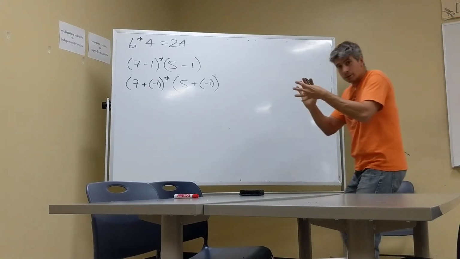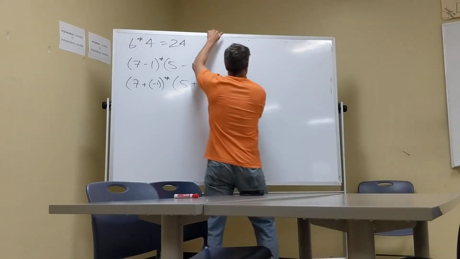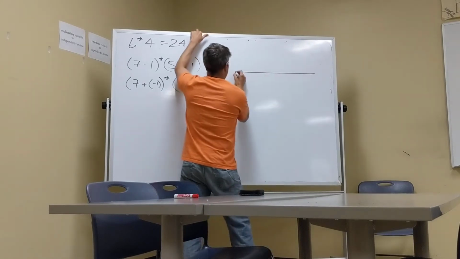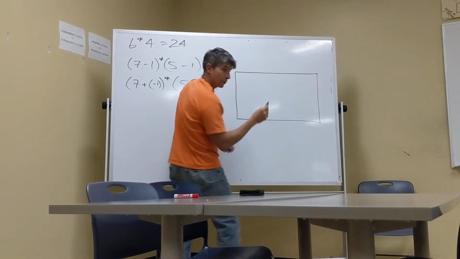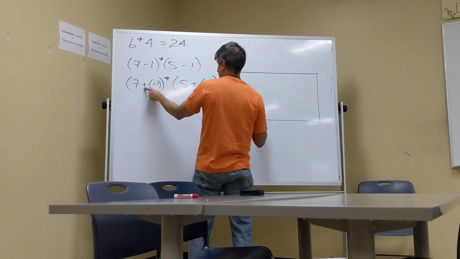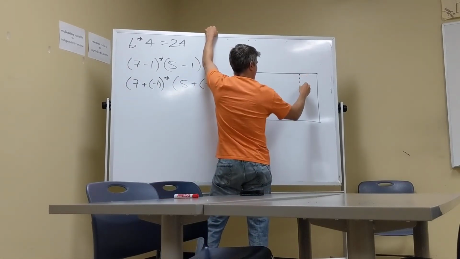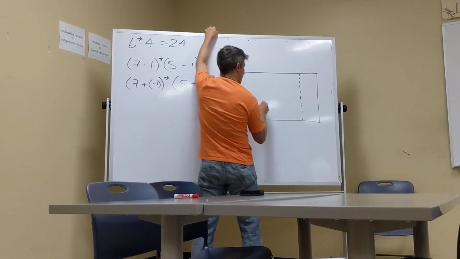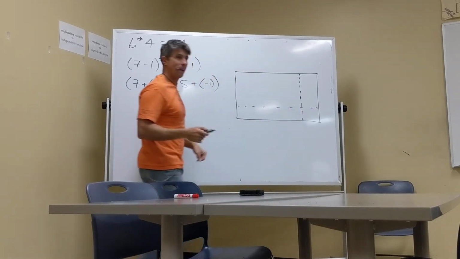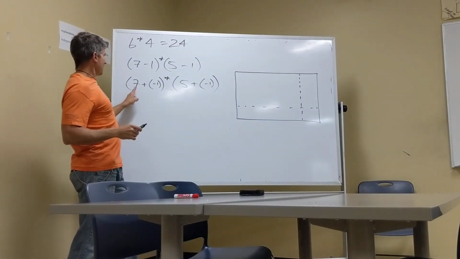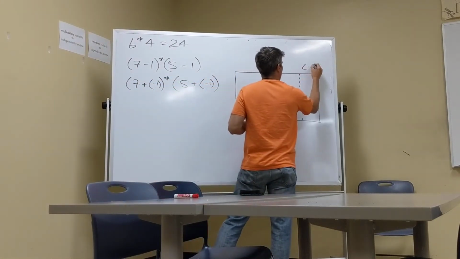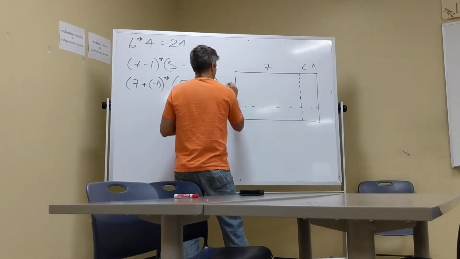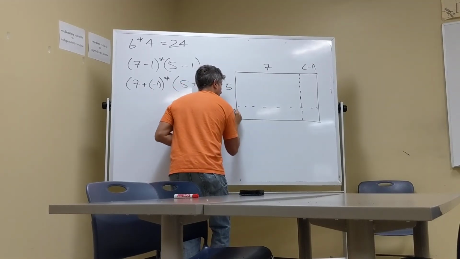So what we're going to do is we're going to draw ourselves a rectangle. Okay, and I'm going to draw in some dotted lines to separate the plus signs. Okay, and I'm going to add in this 7, negative 1, 5, negative 1.